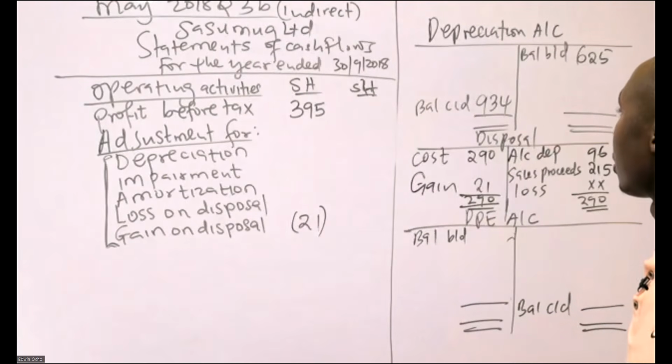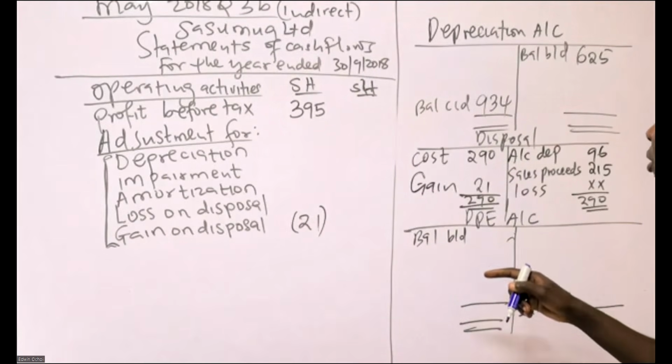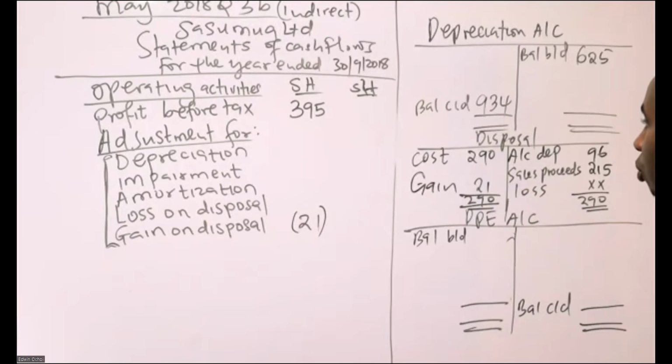So there are various things to consider now. Remember, under the disposal account, there was an asset which was disposed. This asset which was disposed had an accumulated depreciation of 96.